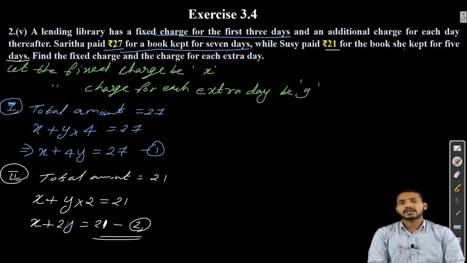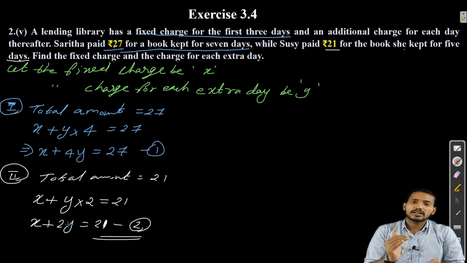So this is all about elimination method, and you have to remember one thing, that if you are provided two equations with the coefficient of any one variable numerically equal, no matter whether the sign is same or opposite, but numerically equal, then you have to go for elimination method, because that will be the easiest method for that particular kind of question.